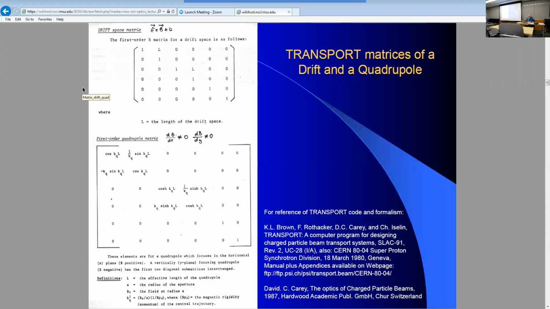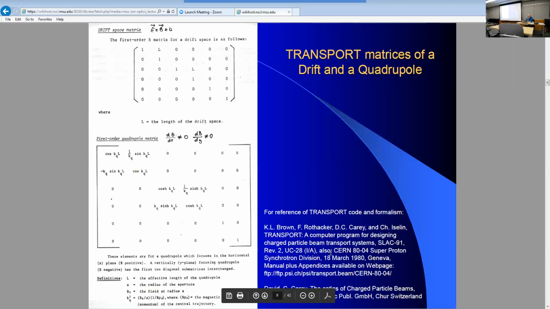A quadrupole would look like this. You have these matrix elements decoupled horizontally and vertically if the magnet is properly aligned. And of course, the length goes into it, the gradient goes into it, sometimes measured, as in COSY, as the field at the pole tip or at the radius.